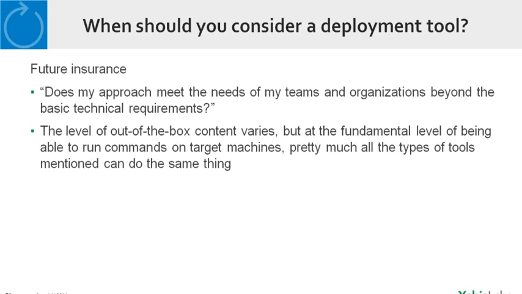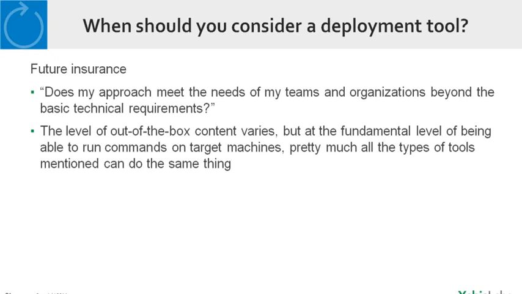And I think the other thing, I've spoken about this already up until now, is the whole future insurance idea. So, of course, if you just look at the basic technical requirements, I need to run 300 different steps on these machines, and I need to support Windows and Unix, or I need to support these particular flavors of Unix. Maybe I have a mainframe.